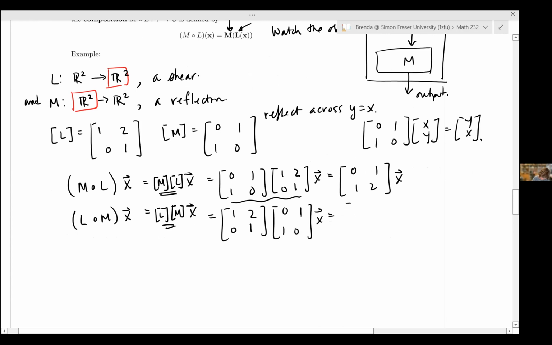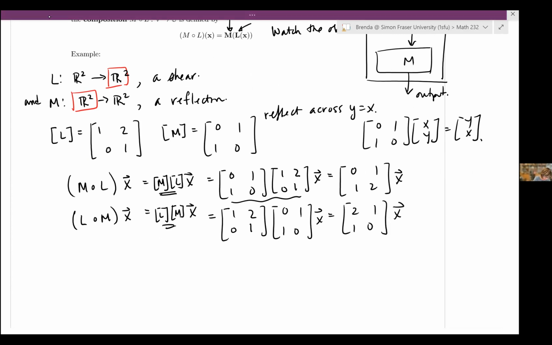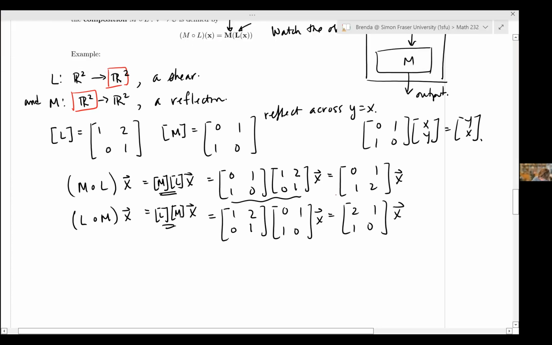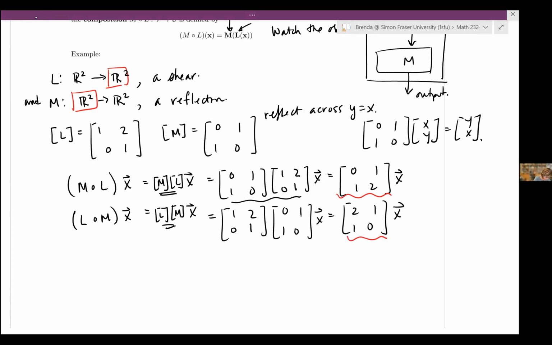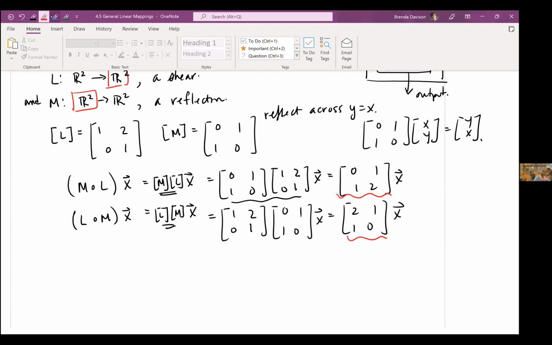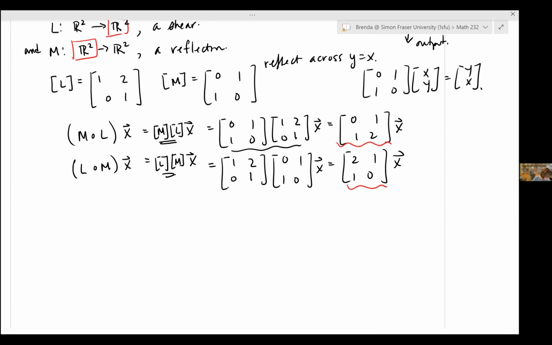I'm going to get multiplying those two matrices together. Okay, and you can see they're not the same. Those two matrices do not commute. There's that guy and that guy. They are not the same. So it matters in which order that you do the operations. And these are both easy to see geometric operations. So let's have a picture of what's going on.